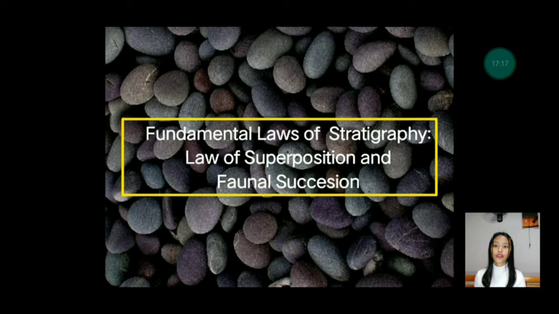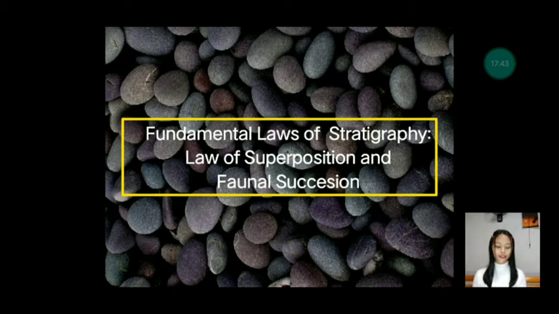So let's proceed to the fundamental laws of stratigraphy: the law of superposition and faunal succession. Today, geologists and paleontologists make observations over newly discovered rocks with the help of a stratigraphic section, diagrams of the strata in cross section.